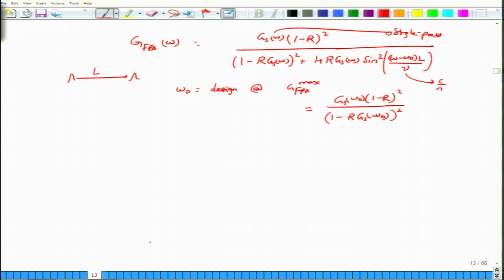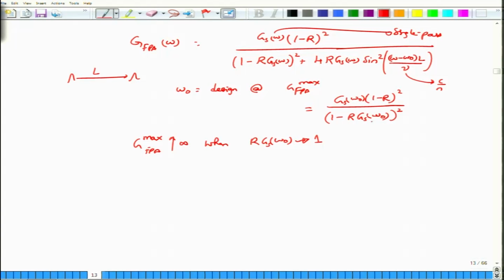That is the gain that the optical medium will undergo when it passes through the semiconductor optical amplifier of length L. If you look at different values of R, you will get different values of gain. You can easily observe this from the equation, but notice that the gain can actually go all the way to infinity when R G_s at that particular frequency approaches 1.